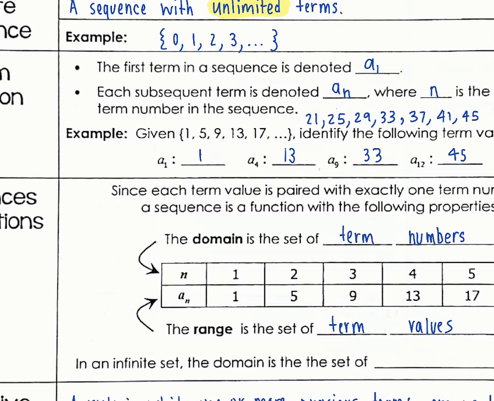And I hope that you can remember the example here that I explained. 1 is the term value for what term? The first term. So your term number is 1, your term value is 1. Second term is 5. So your term number is 2, your term value is 5. You follow? And that's what's defined here in these boxes as well. Same pattern, same sequence, okay?